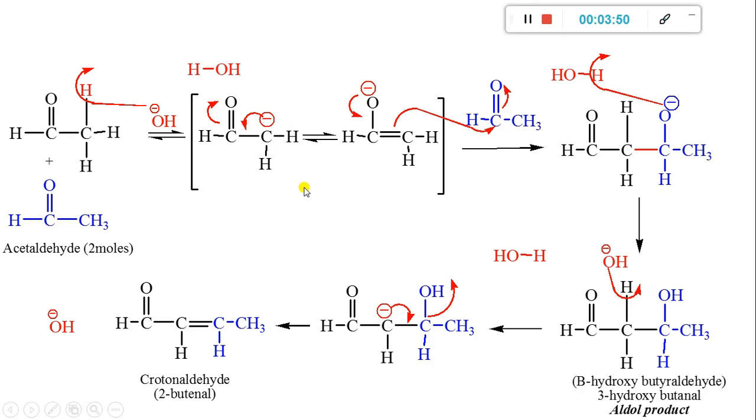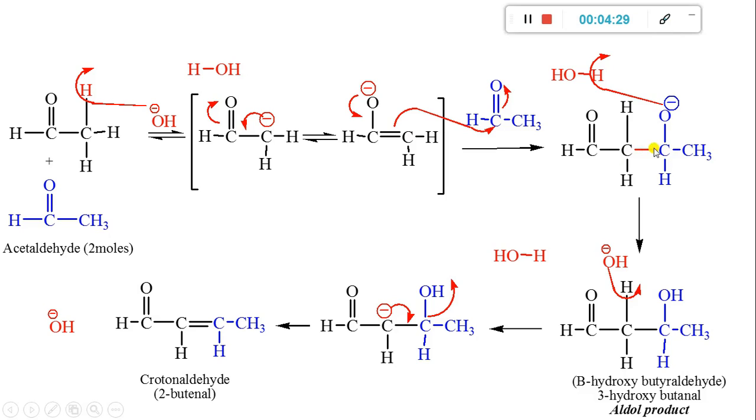Now, this enol-enolate intermediate will attack by nucleophilic addition the second molecule of the same compound, directly at the partially positive carbon, to break the pi bond and stabilize the negative charge on the oxygen in the second molecule. So now look at this arrow, it will make a new bond between this carbon and the carbon of the carbonyl.